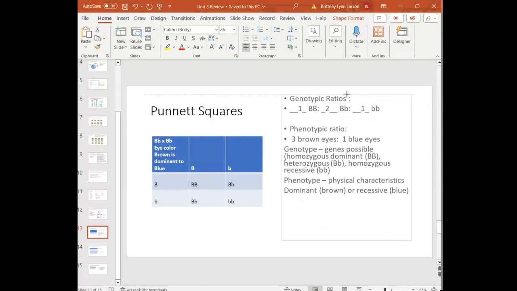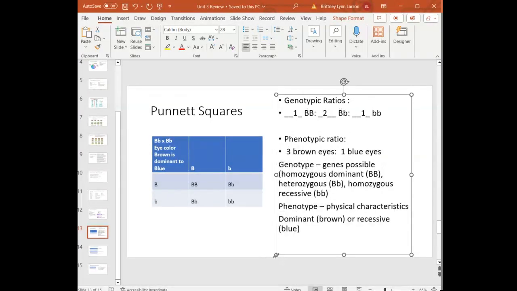Okay. So if I ask the question, true or false, all individuals with the same genotype have the same phenotype, you should always be wary of anything that says all or none, because in science, that is never the case. It's never all or none.